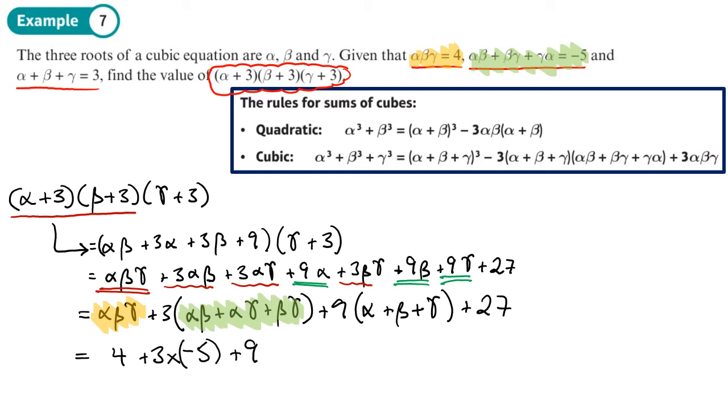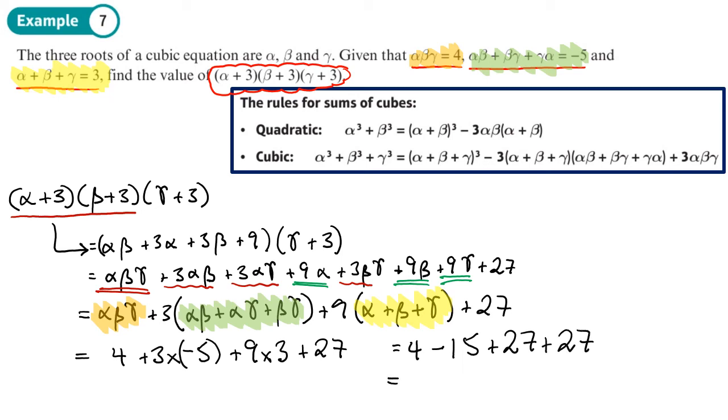And we have 9 lots of alpha plus beta plus gamma, and we're told that is 3. So now we can write 9 times 3 plus 27. So that's going to be 4 minus 15 plus 27 plus another 27. So let's see what we get when we do this. 4 minus 15 plus 27 plus another 27 gives us an answer of 43.